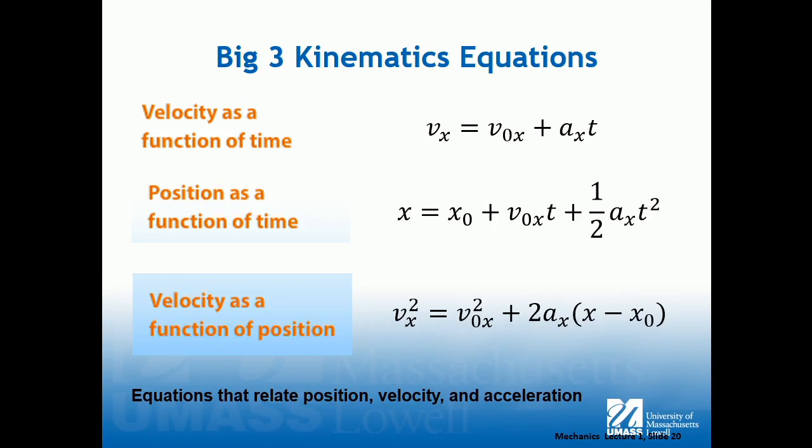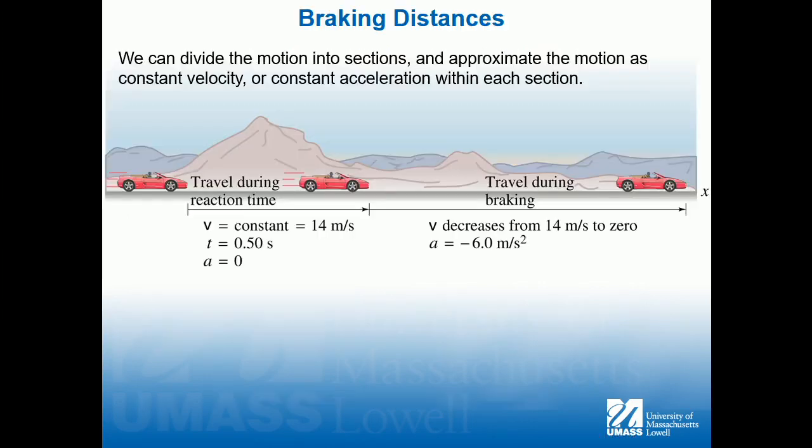Okay? Now let's look at a simple problem. This is someone driving who has a certain finite reaction time. Let's say you're driving along at a nice constant velocity, and you see something far ahead of you, and you decide to hit the brake. The fact that you have a reaction time indicates that between you seeing something and hitting the brake, there is a time period during which you did not brake.